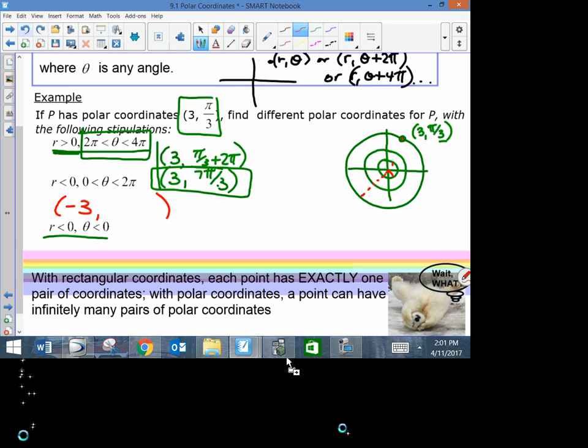and to be here when we back it up, what's it going to start as? Lydia? So you want to take pi over 3 minus 2 pi? Minus 2 pi? Yes, I believe so. Which is what?